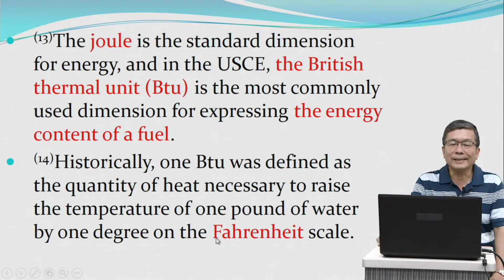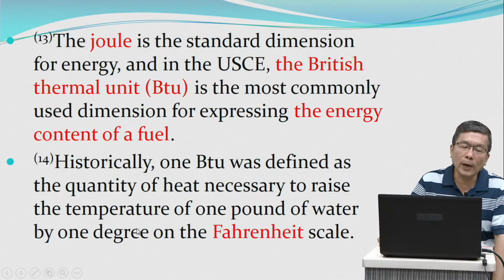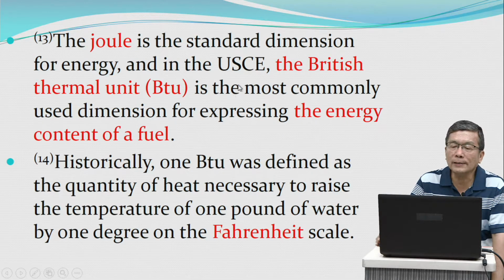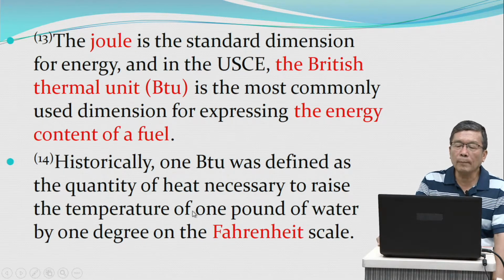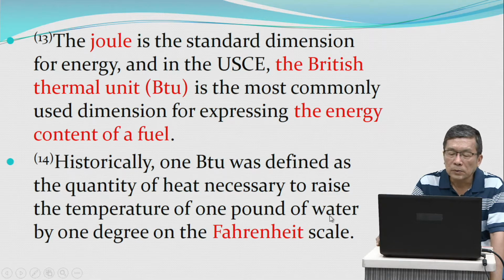The joule is the standard dimension for energy, and in the USCS, the British Thermal Unit, BTU, is the most commonly used dimension for expressing the energy content of a fuel. Historically, 1 BTU was defined as the quantity of heat necessary to raise the temperature of 1 pound of water by 1 degree on the Fahrenheit scale.